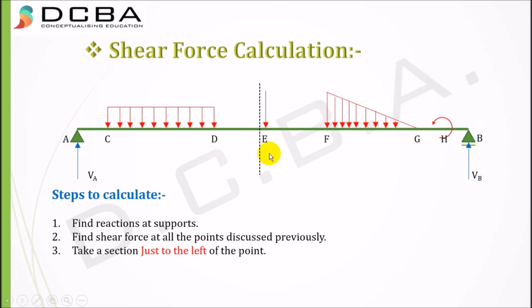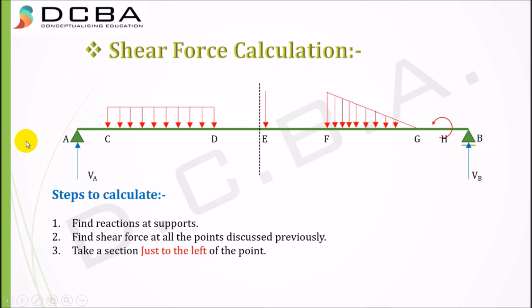Now suppose I have to find the shear force at point E. My first step is to take a section just to the left of E. You see this section has been taken just to the left of E, and now I have to sum all the forces acting on the left part of the beam, or I can sum all the forces acting on the right part of the beam. Why is this done? To check whether the shear force is positive or negative.